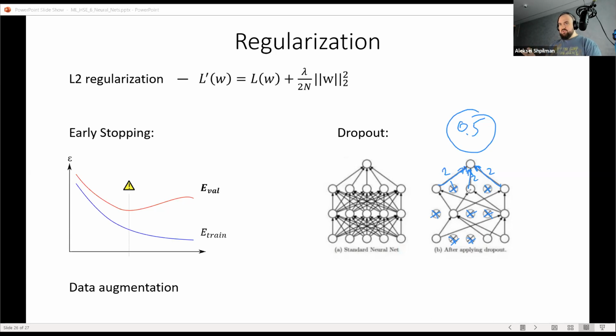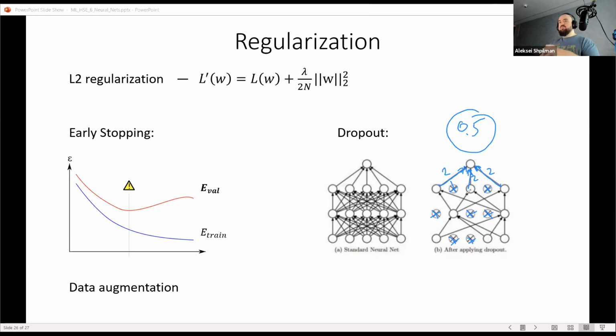Again, why do we need that? Because when we're done with training and we want to apply our neural networks, we do not use dropout, right? After we're done with training, we will turn on every neuron, right? Because when we use our network, we want to use it to its full potential.